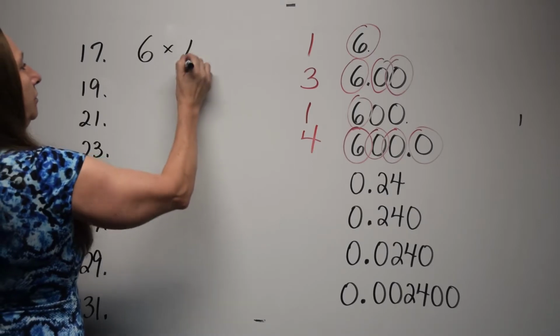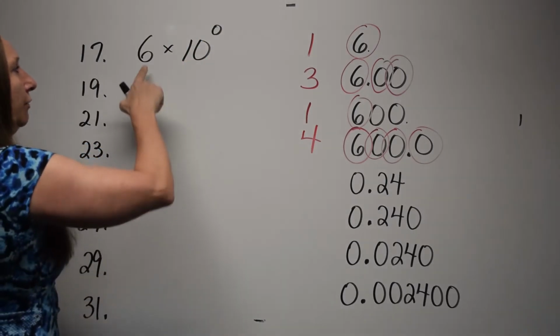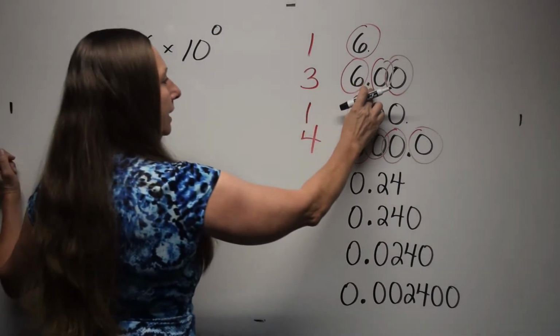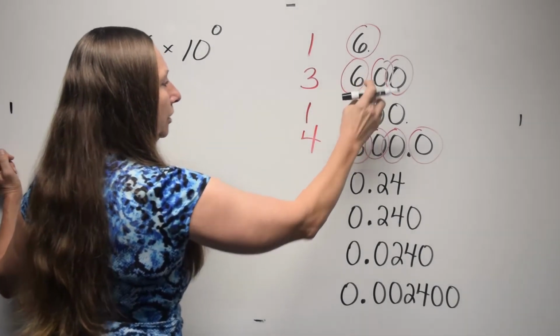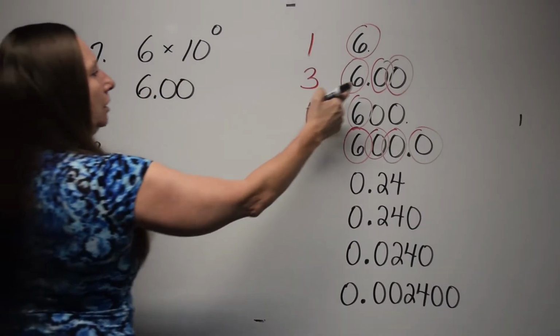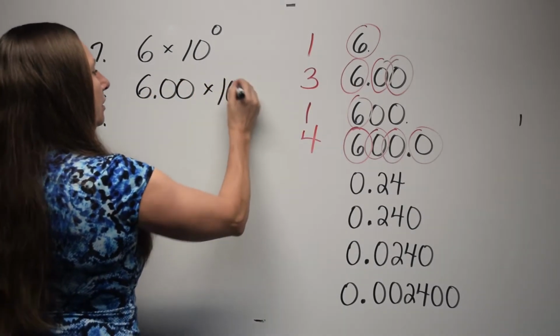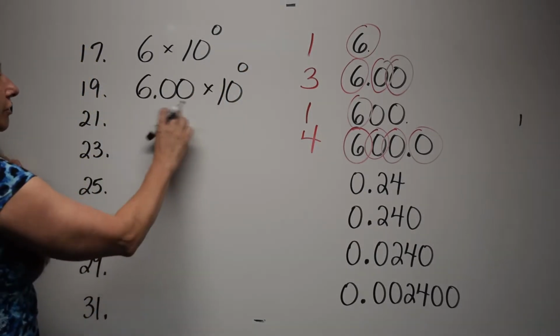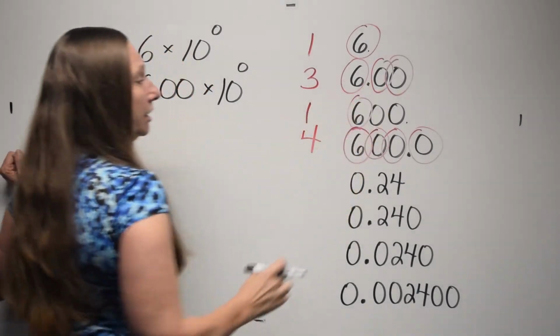So 6 times 10 to the 0. We have 1 significant figure. Again, we do not have to move the decimal here. So 6.00, 3 significant figures. We did not move the decimal point, so 10 to the 0 power.